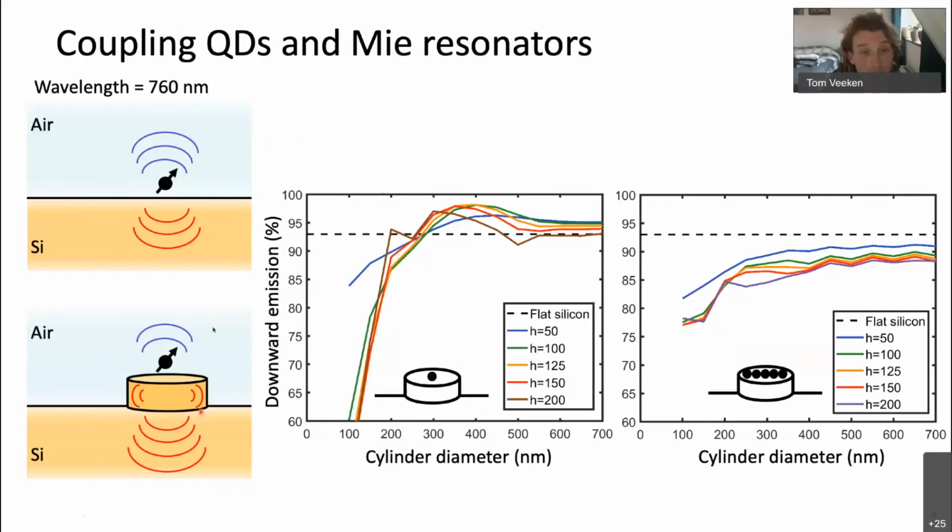So the change here in the left graph as a function of the diameter is due to different Mie resonances being present in the cylinder. So coupling into the cylinder, being excited in the cylinder by a plane wave if you use it, or in this case by the dipole as an excitation. Okay, I understand.